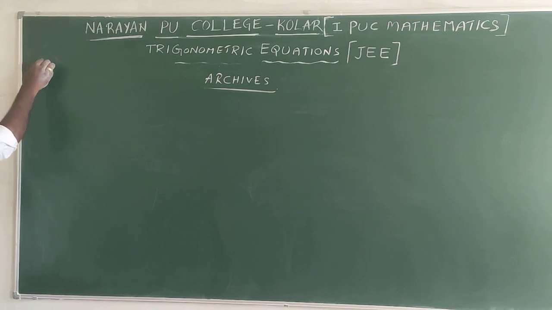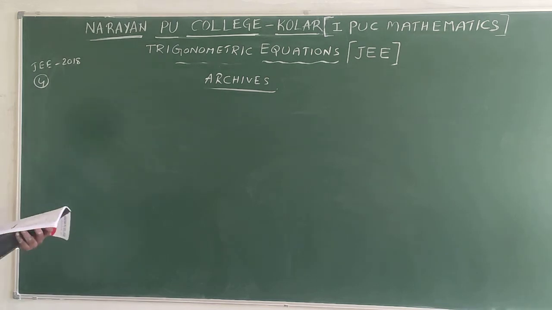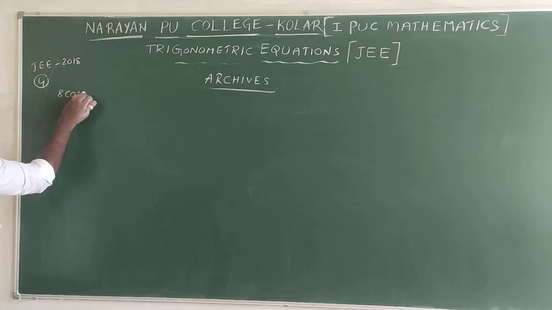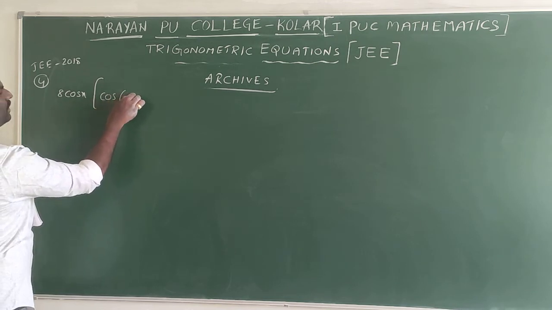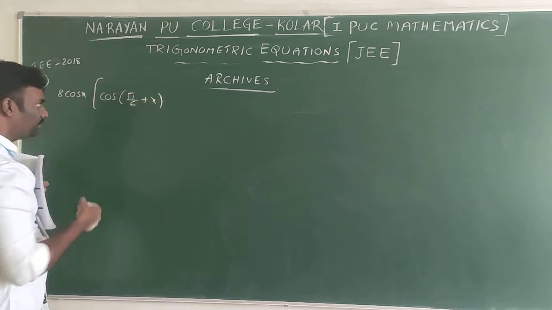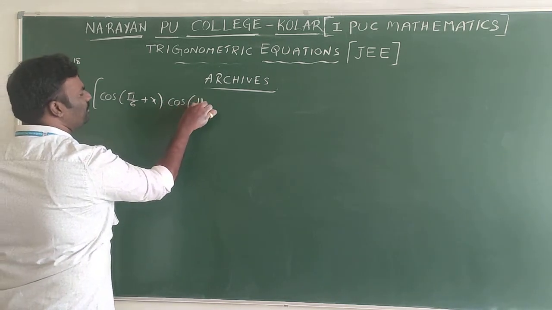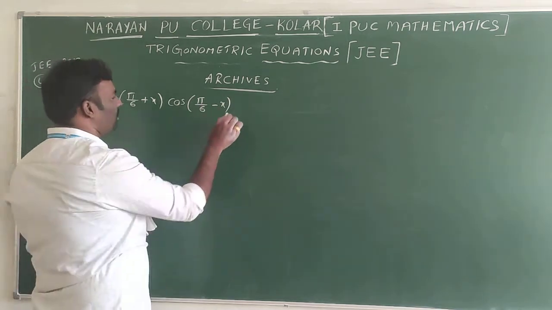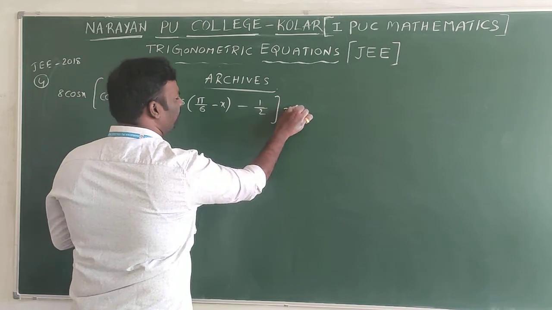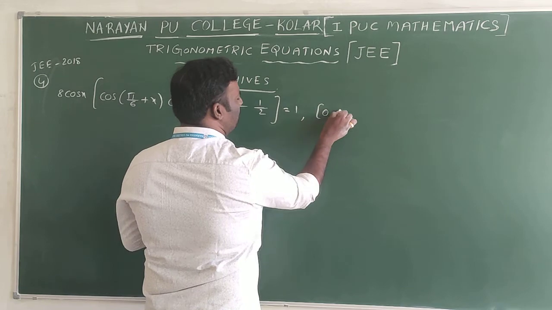This was given in JEE 2018, and the previous question they asked in 2016. The sum of all solutions of the equation 8 cos x into cos(pi by 6 plus x) into cos(pi by 6 minus x) minus 1 by 2 is equal to 1, and they have given 0 to pi.